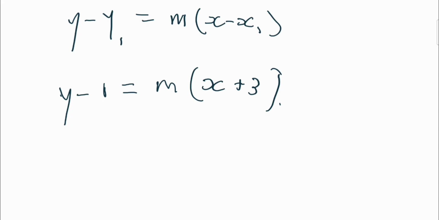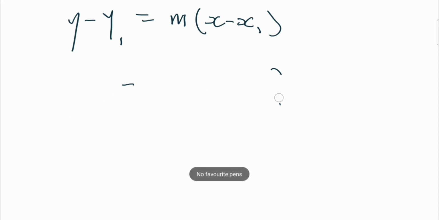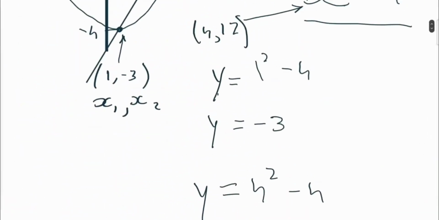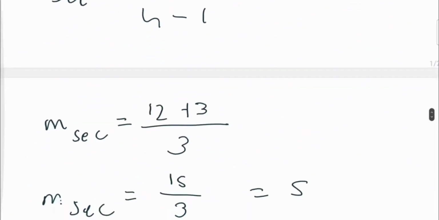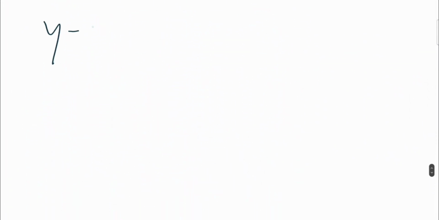Okay. This m here. Well, I'll go back. So for the point 1, -3, it's going to be this. y minus, and then it's going to be the -3, as it is the y value for y1.